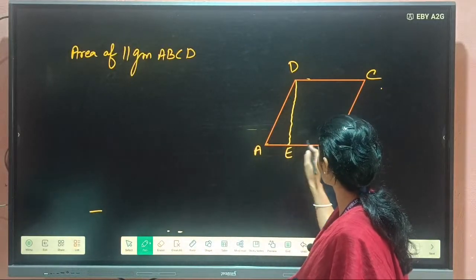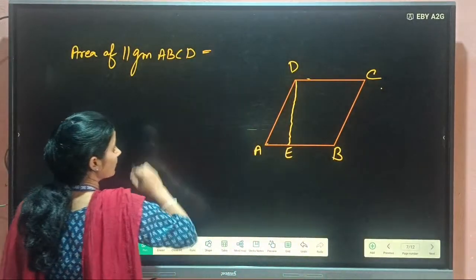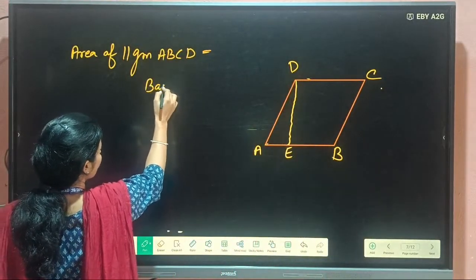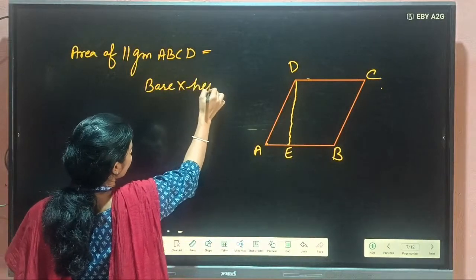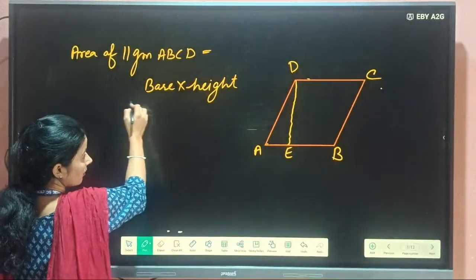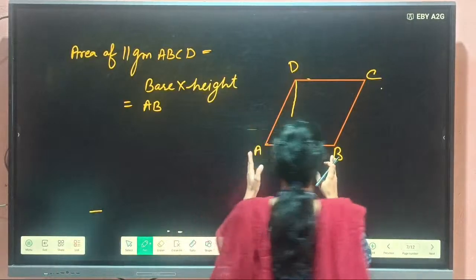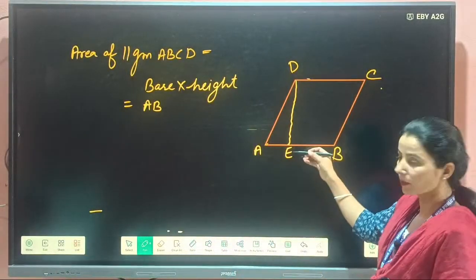Say this point is E. Area of a parallelogram will be base into height. What is the base? If I consider the base as AB, then the corresponding height will be DE.